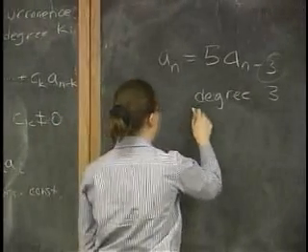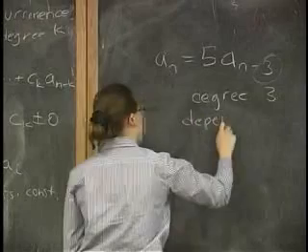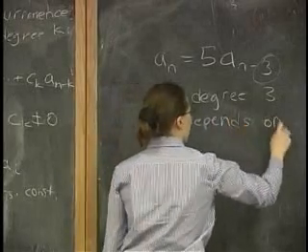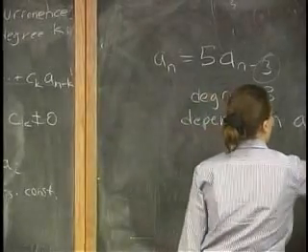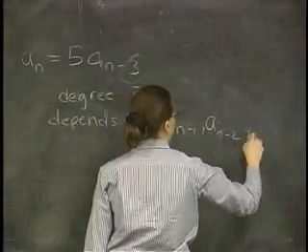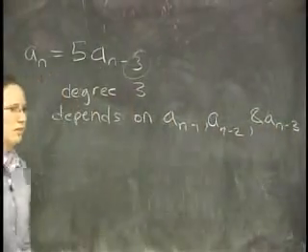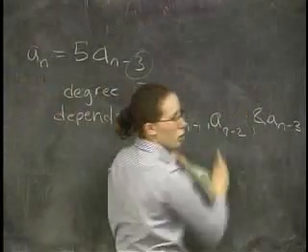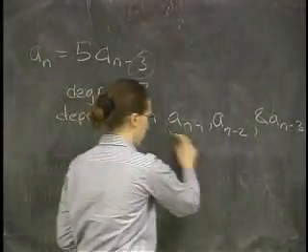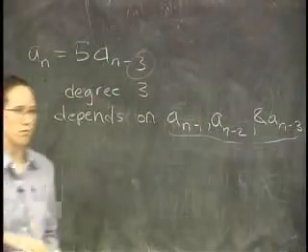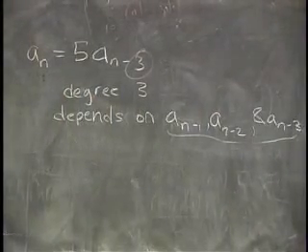So, in theory, this depends on an minus 1, an minus 2, and an minus 3, even though these sort of don't appear, but we have to go all the way down.